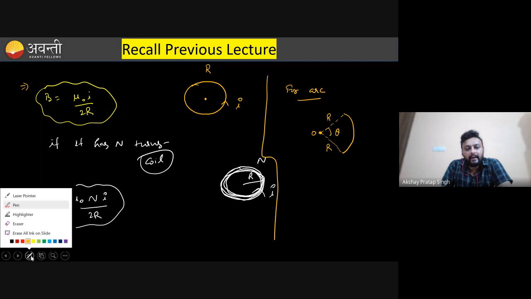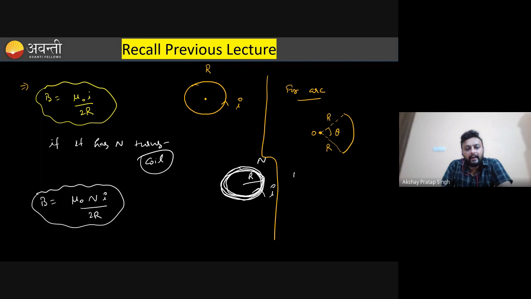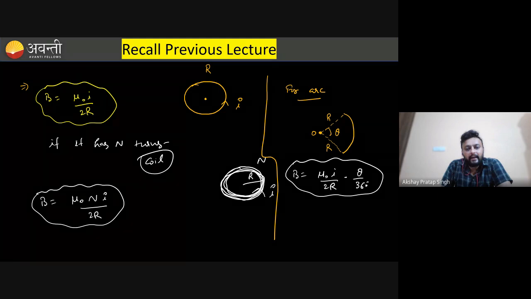So for this situation, the magnetic field was mu naught I over 2r, which is for the complete circle, multiplied by theta by 360. These are the things that we have completed in the previous section. That was the quick revision of all the things. If you were absent in the previous lecture, try to note down these formulas and it will help you in this particular lecture. Okay, so on this behalf, I am moving further.